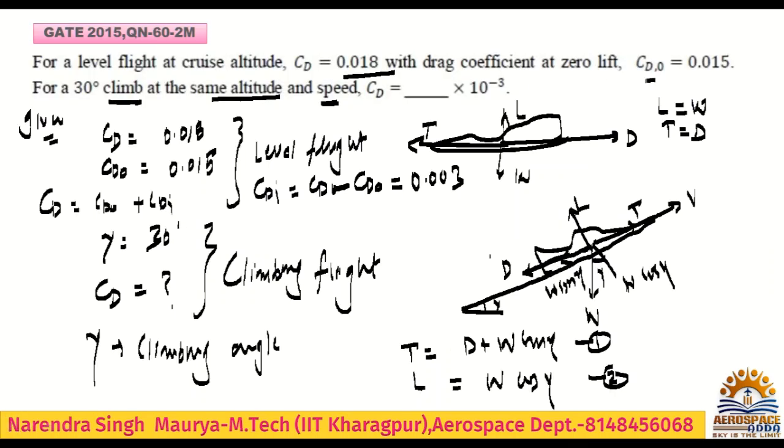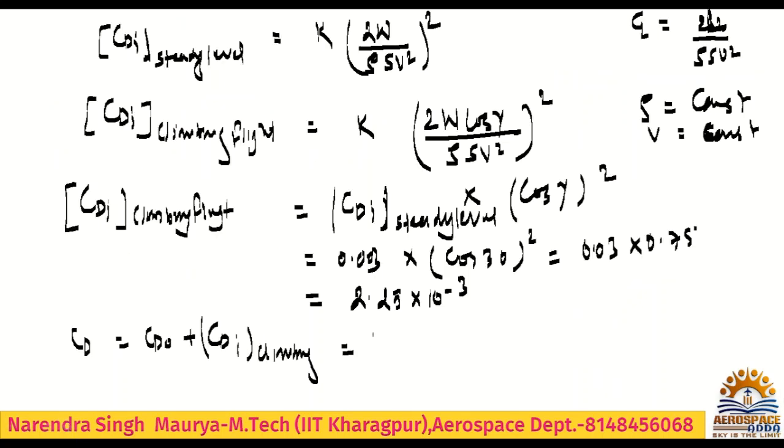So CD naught will be constant. You can write 0.015 plus 2.25 into 10 to the power minus 3. How much is it? 0.01725. This is the answer.